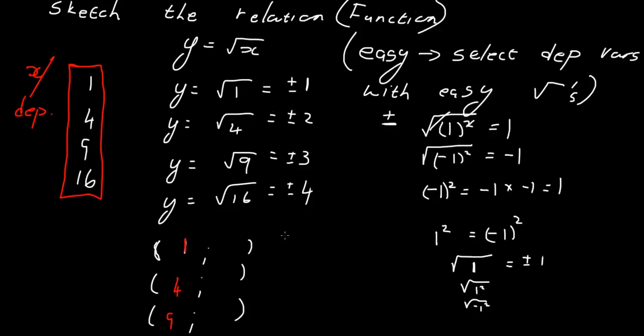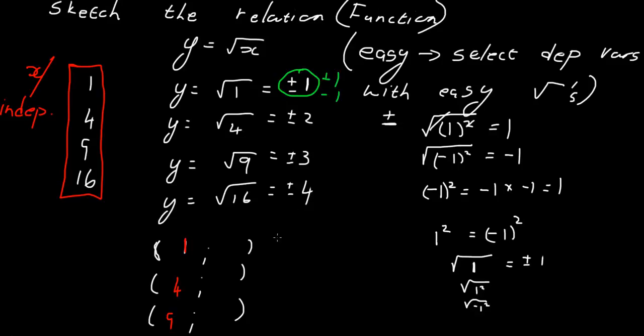So that's where it gets interesting, because now one independent variable has generated 2 dependent variables. Those are plus 1 and minus 1.